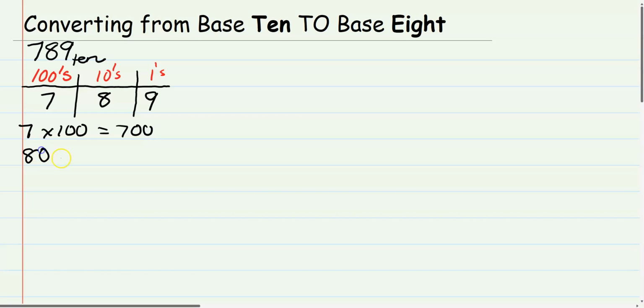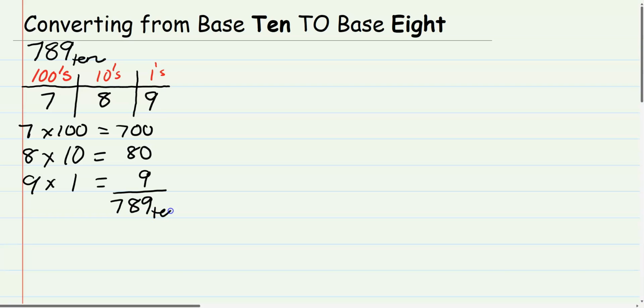And then 8 times 10 is 80. And then 9 in the first place value, which is 9 times 1 is 9, and that altogether equals 789 in base 10. So that's what that number means, right?